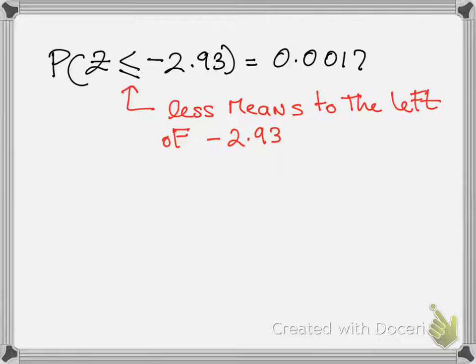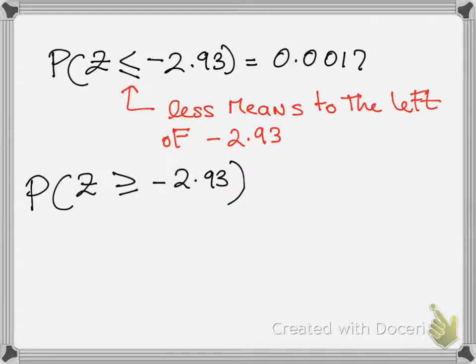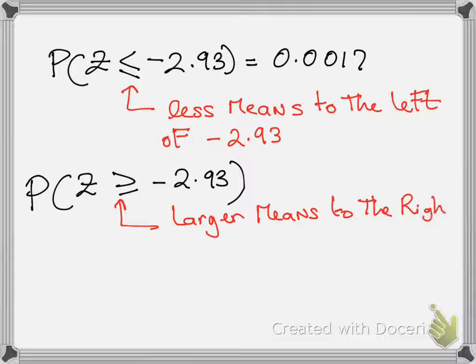Okay, so for example, now what would be the probability that z is larger than negative 2.93? So larger means to the right of negative 2.93.